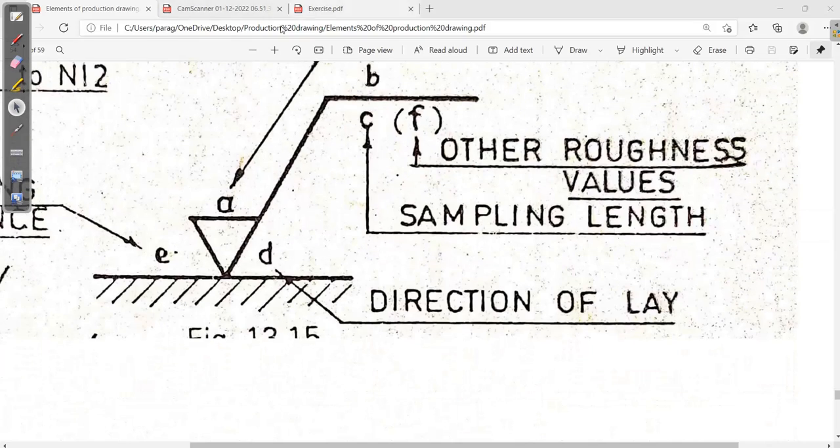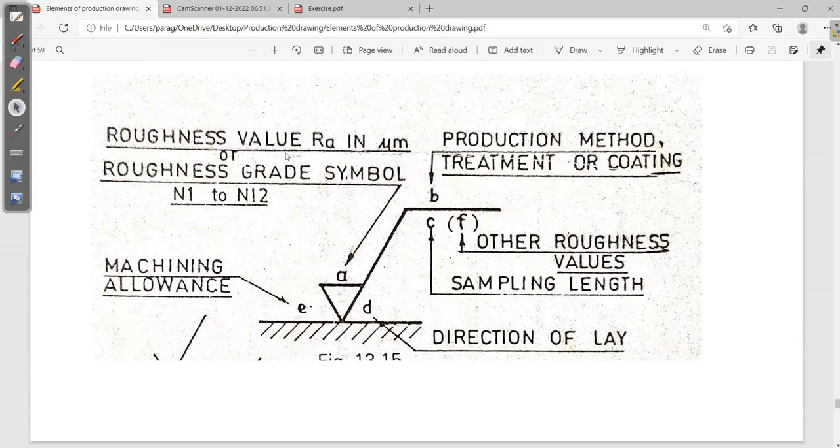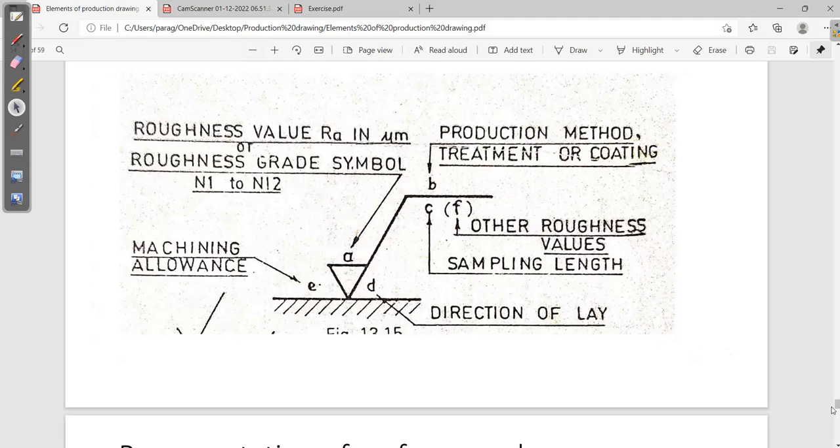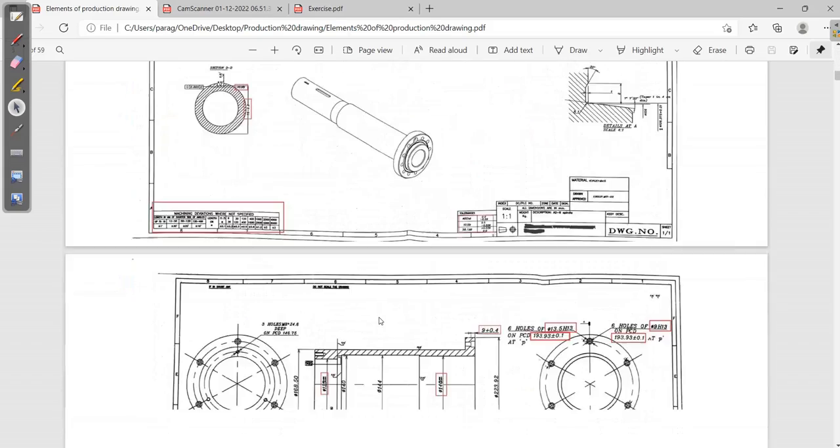Next thing, this is important. Most of the time they ask you to draw this symbol. So how will you represent this particular roughness? I showed you a diagram first.